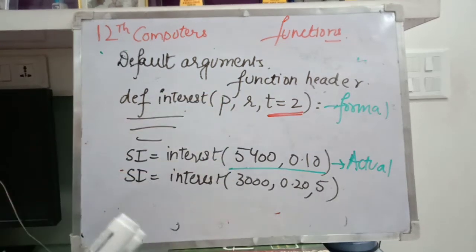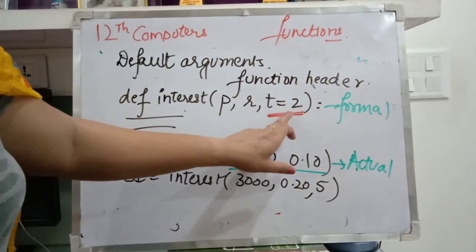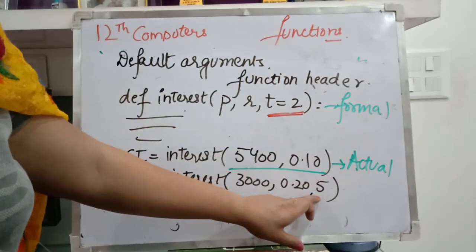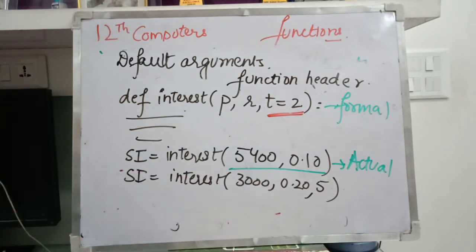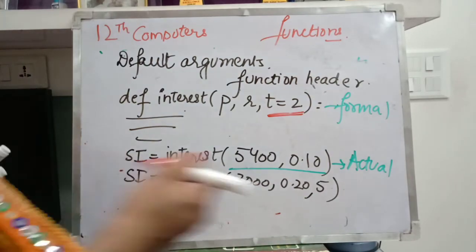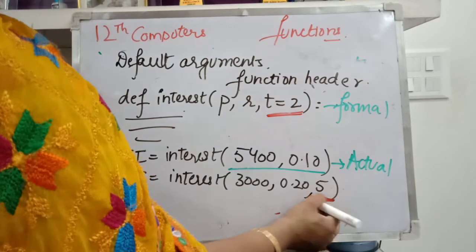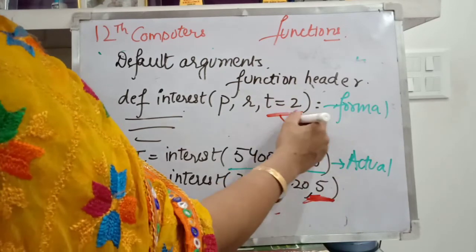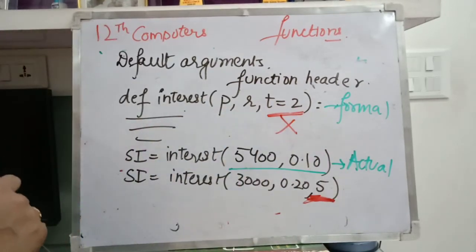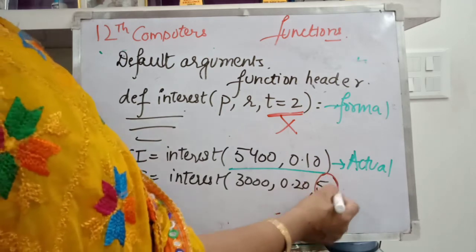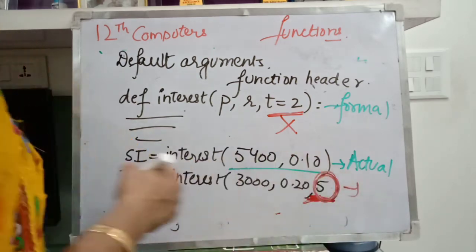Now what will the interpreter do? Will it take t is equal to 2 or will it take t is equal to 5? In this case, when we are specifying the default value, the interpreter will not consider the first one. It will consider whatever value is passed in the main program.